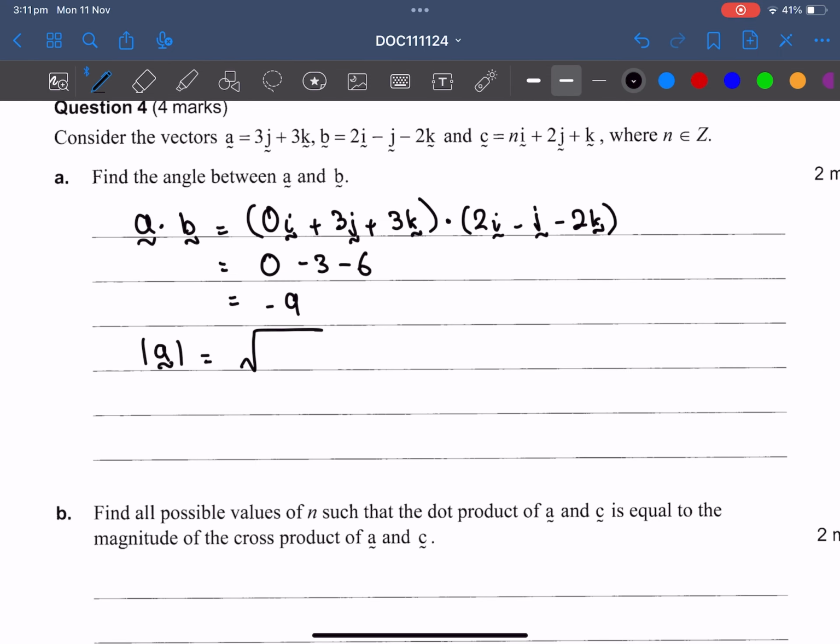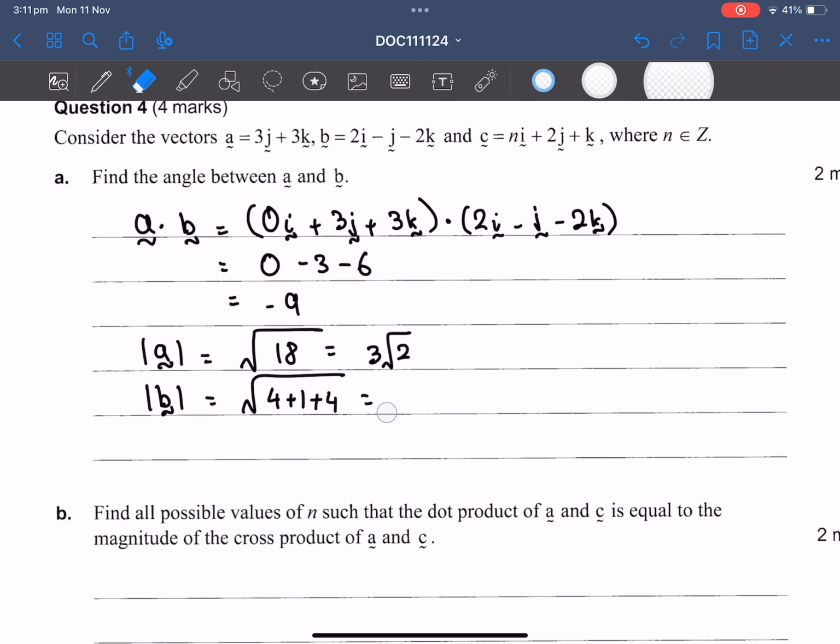So we'll get 3 squared plus 3 squared, so 18, which is 9 times 2, so 3 root 2. And the magnitude of vector B is going to be 4 plus 1 plus 4, so that's just 9, and the square root of 9 is 3.